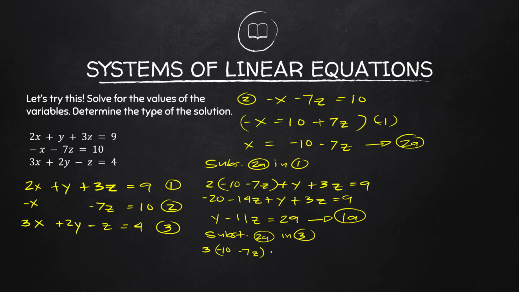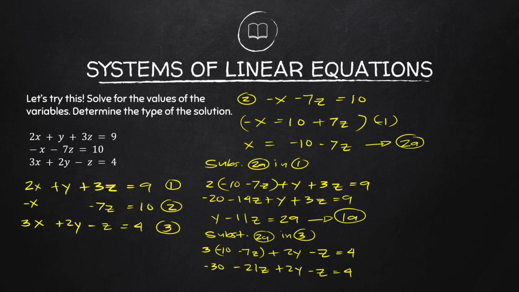This will be plus 2y minus z equal to positive 4. Distributing, we have negative 30 minus 21z plus 2y minus z equal to 4.